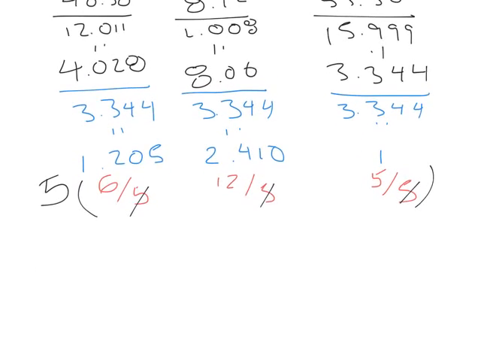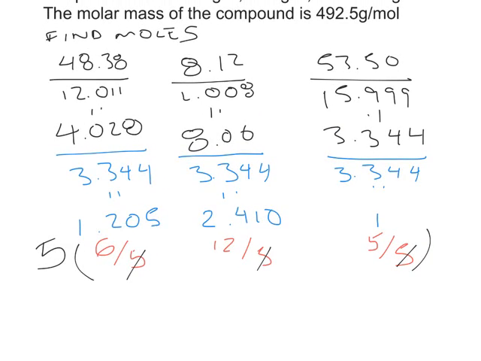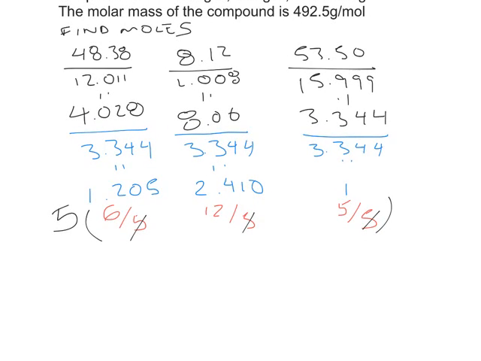Okay, so let's scoot this up. Well, not that far. I need that molar mass. There we go. Okay, so I have C6H12O5. And this is my empirical.